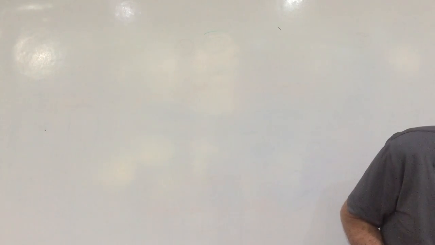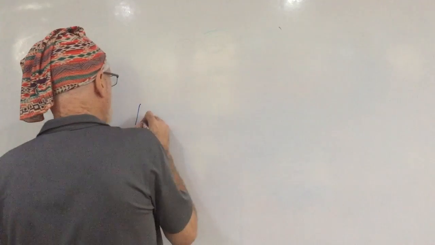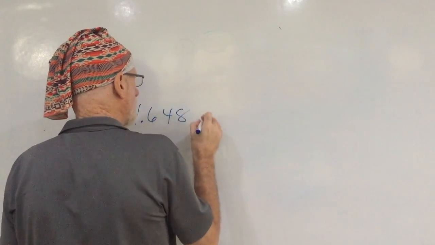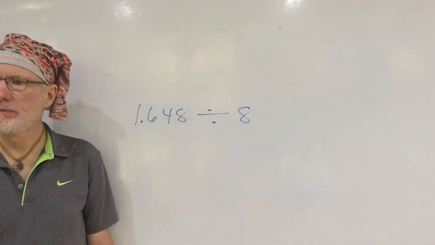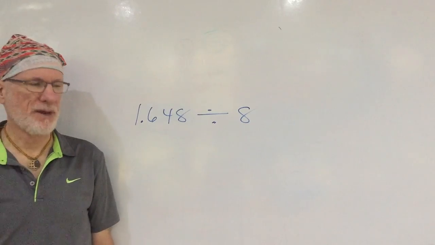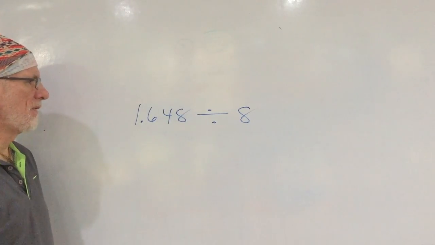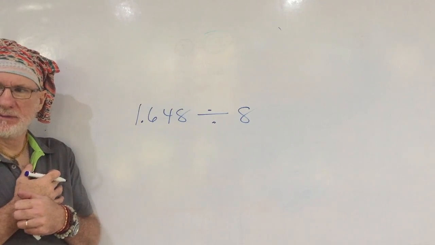Let's pick 1.648 divided by 8, right? Is that okay? Good. How else can I write that? Can I write that as a fraction?